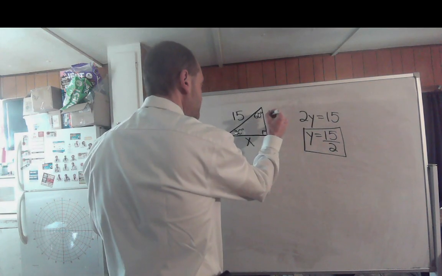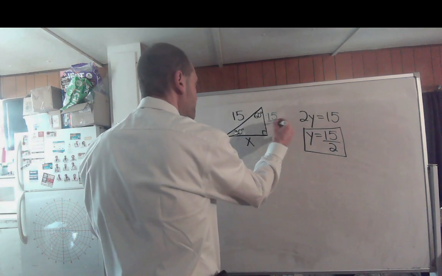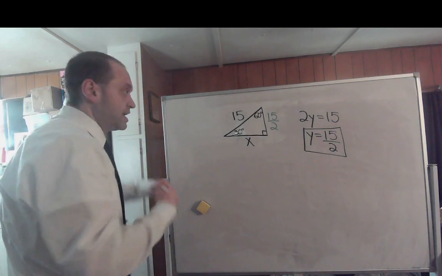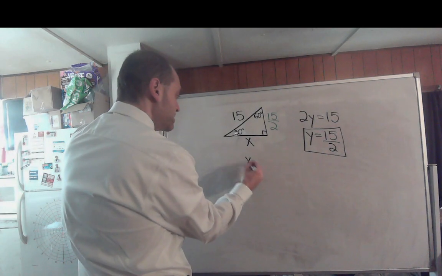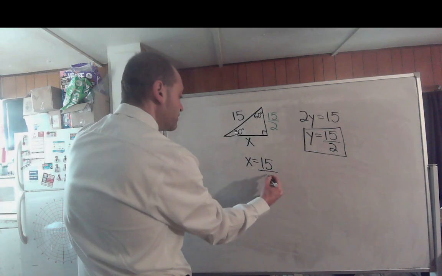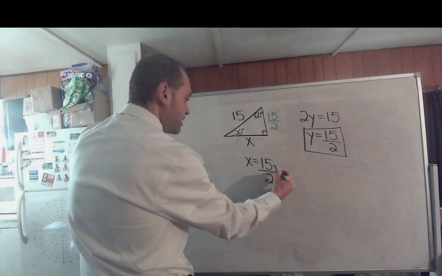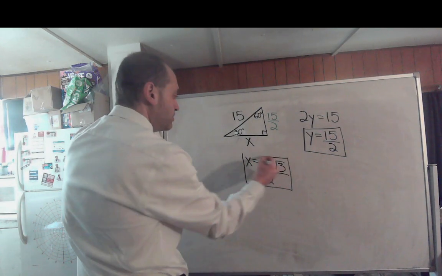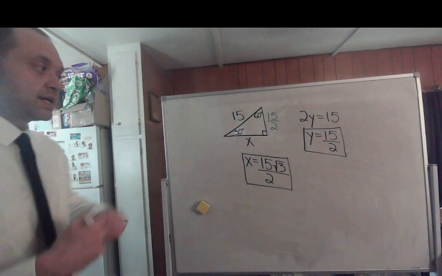I wanted to write that as 15 over 2. There we go. Okay, so that means then that x is going to equal that 15 all over 2 times the square root of 3, which would just give you 15 times the square root of 3 all over 2. And that would be your x.